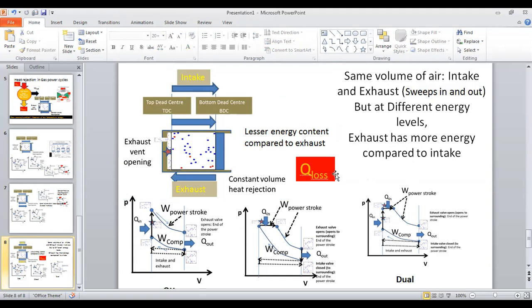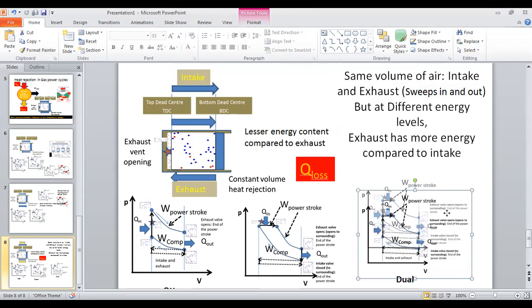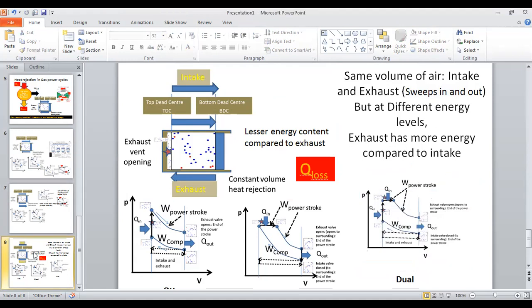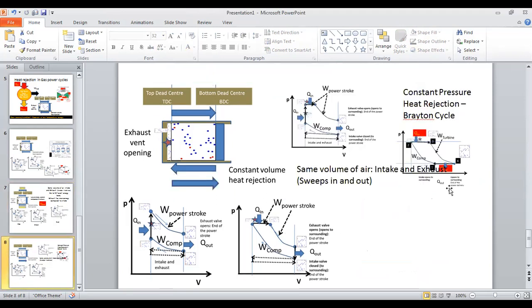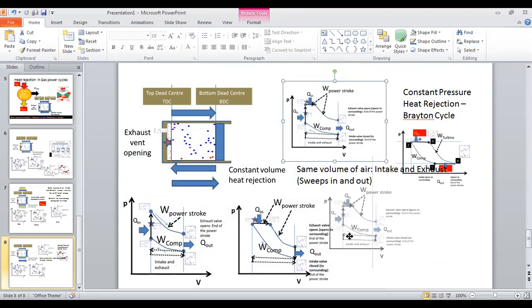I believe you have some better clarification now because of this. So we have reasons. So then let me take the other one.